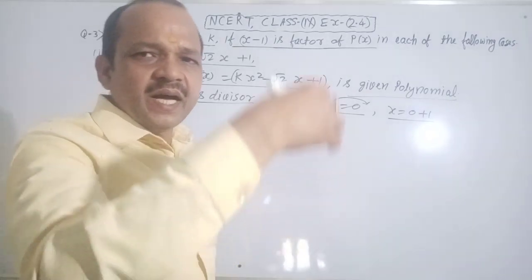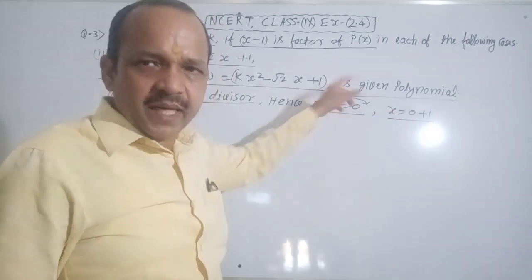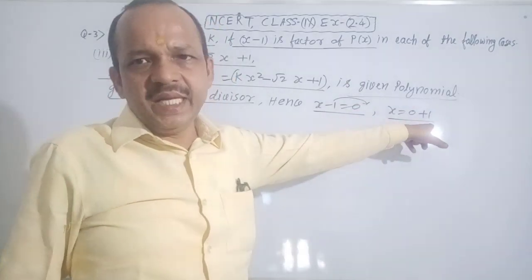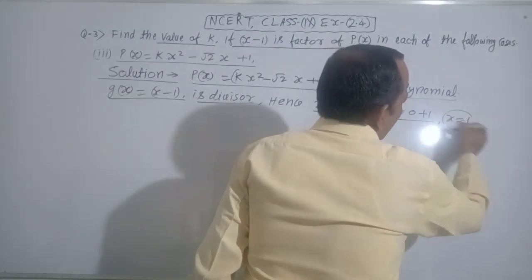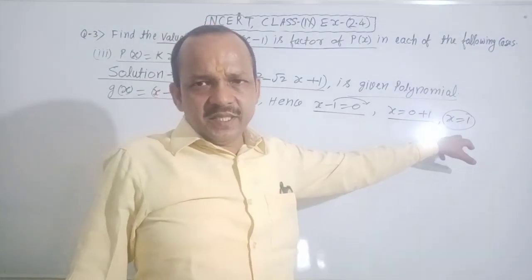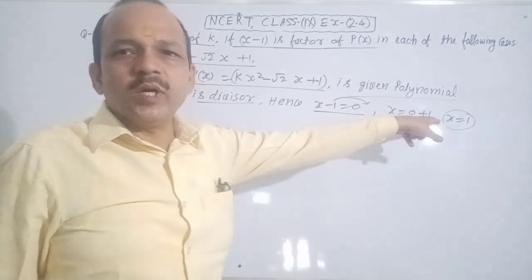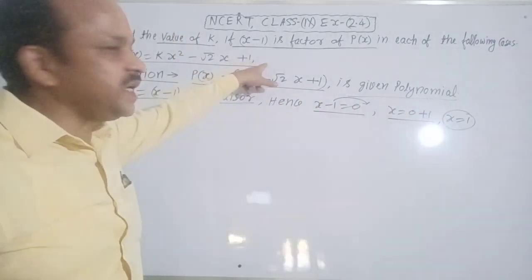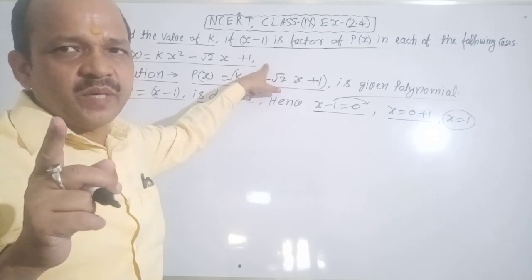When you write it on the right side of equal, then minus 1 becomes plus 1. It is clear? You can write x equals 1. You find x equals 1. It is a zero of the given polynomial. x equals 1 is a zero of the given polynomial. It is clear? No confusion about it.